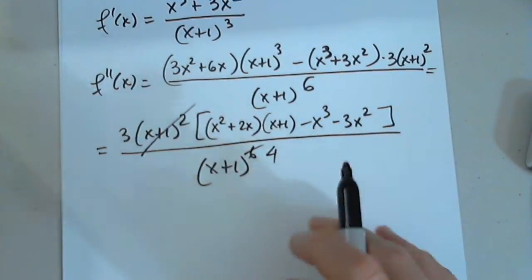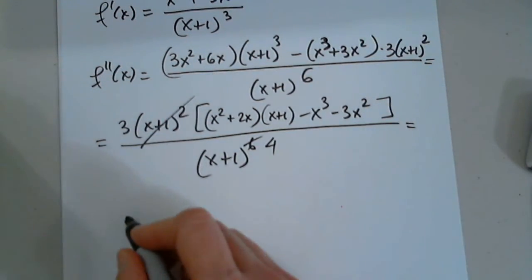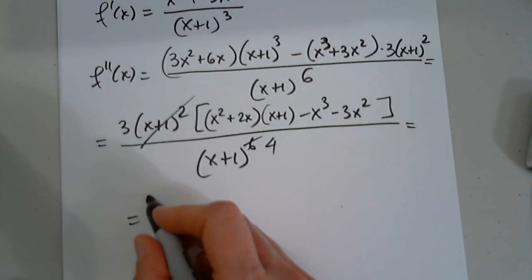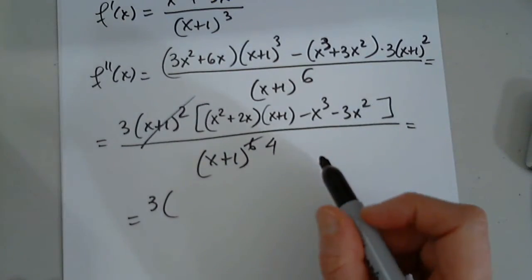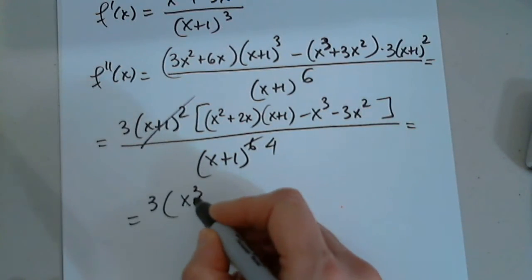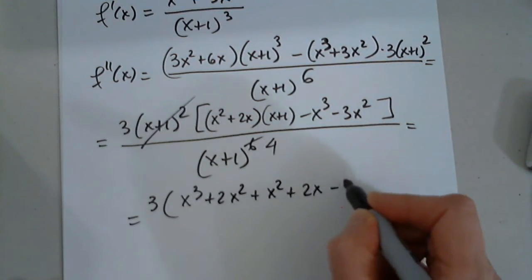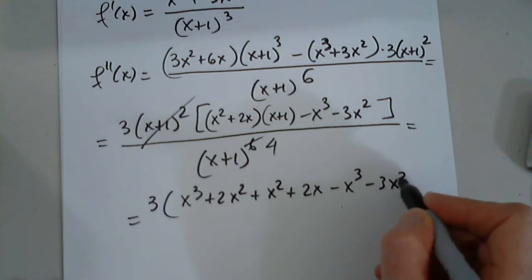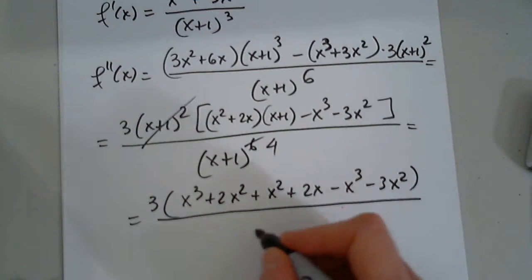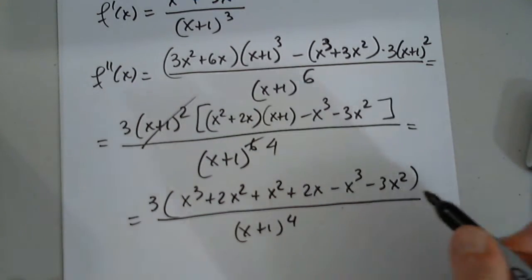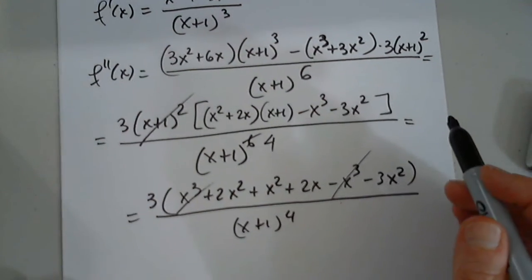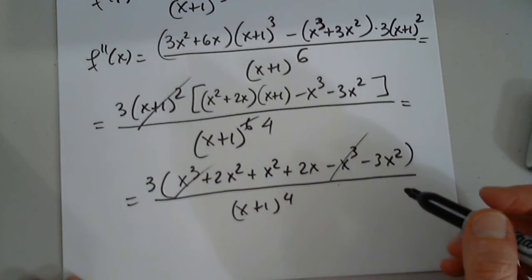These two, so a 3, have to distribute: x to the third plus 2x squared plus x squared plus 2x minus x cubed minus 3x squared over x plus 1 to the fourth. At least I hope something goes away.